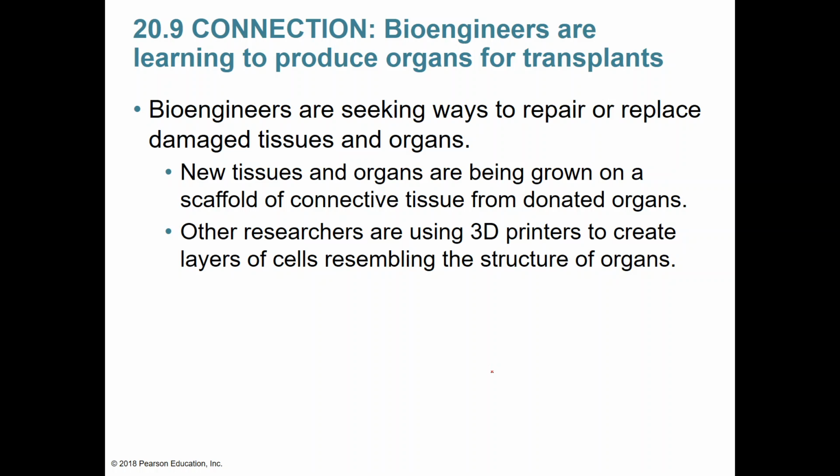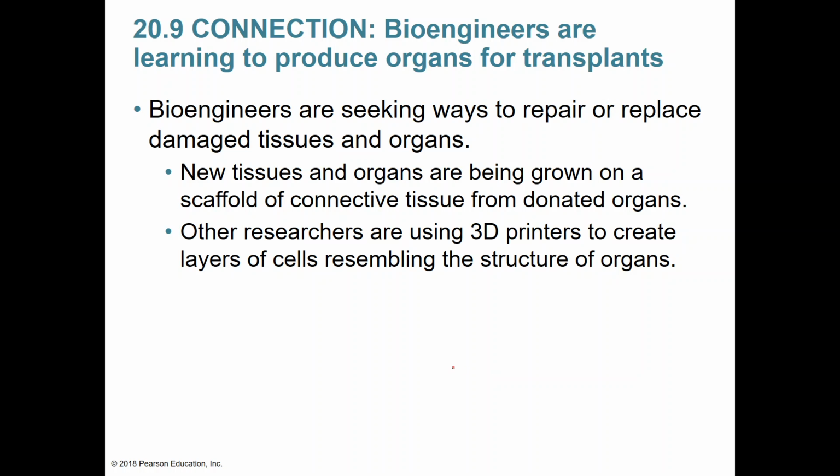We've heard about tissue transplants and things like that. So that's what we're talking about with bioengineering. And they're actually discovering new ways that organs can be grown on a scaffold of connective tissue from donated organs.